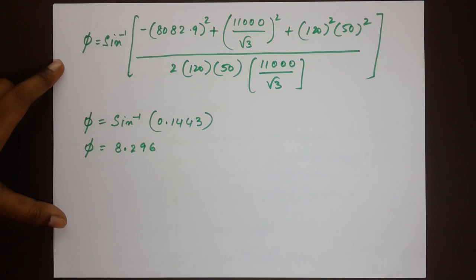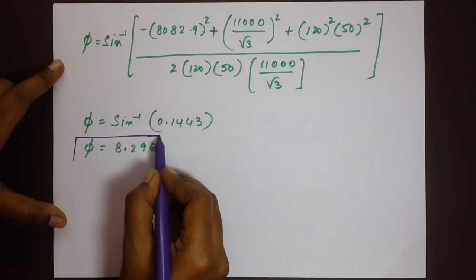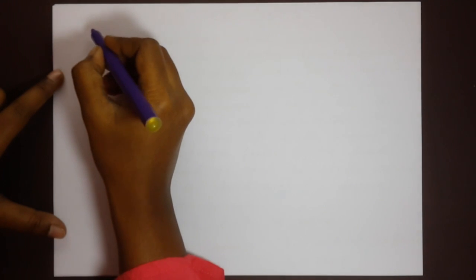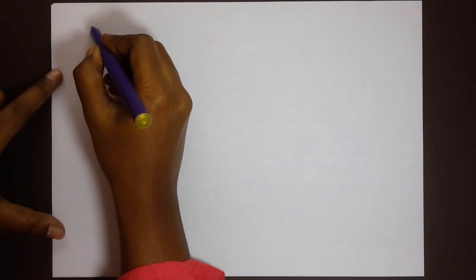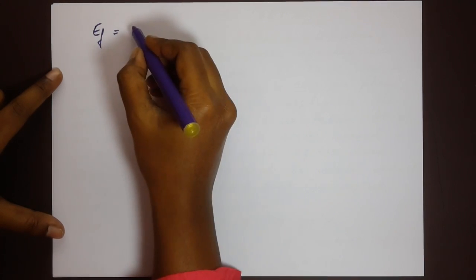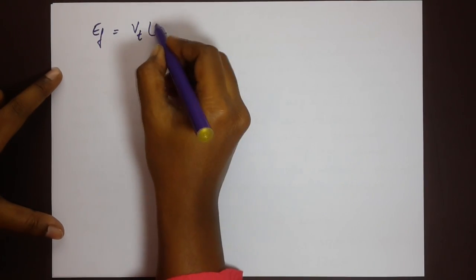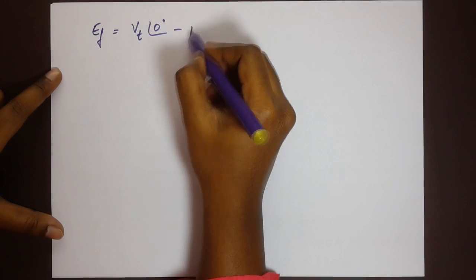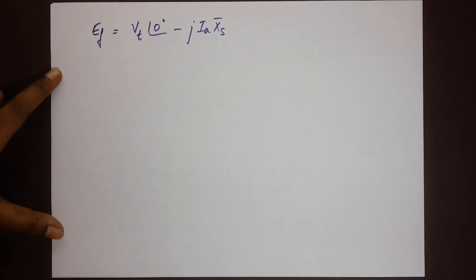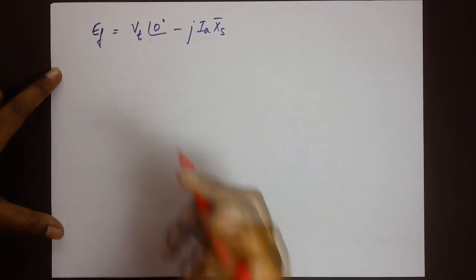Now the next step is to go back to the formula of EF. Now I'm going to write down the equation here. That's EF is equal to VT angle 0 minus jIaXs. Please make note of this equation here.